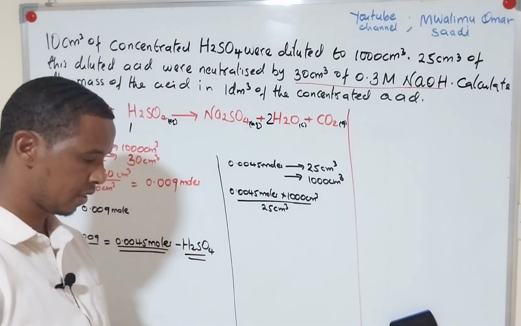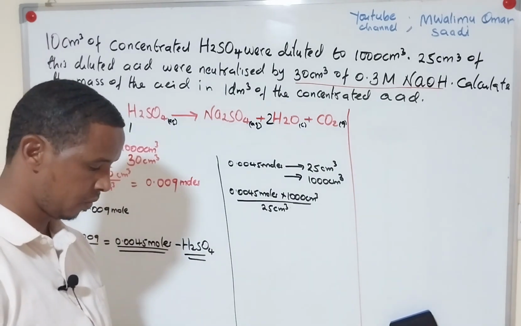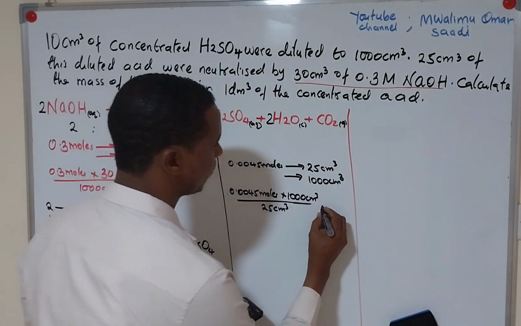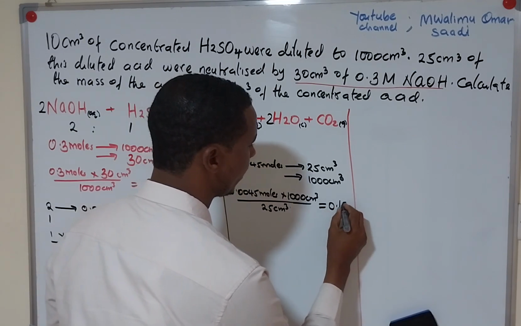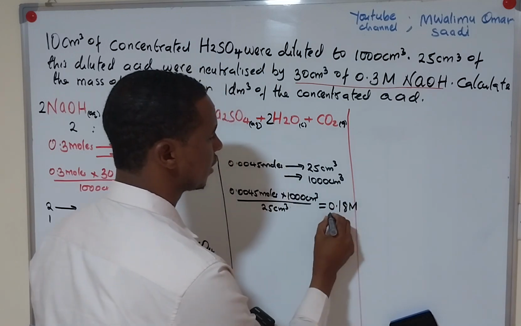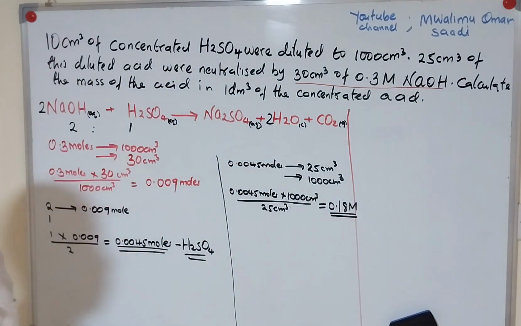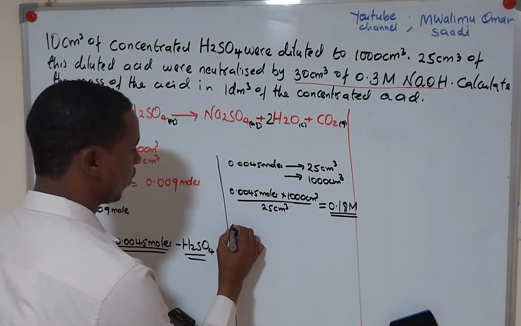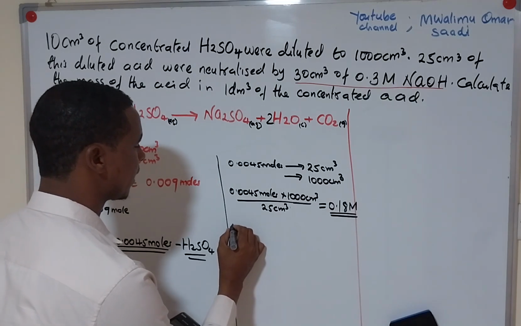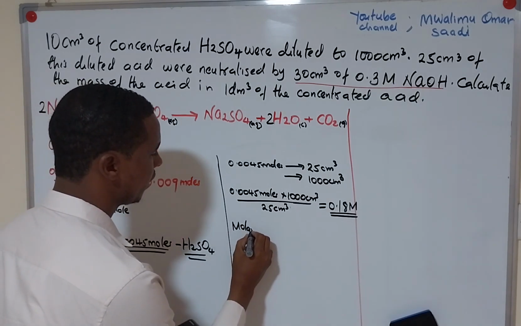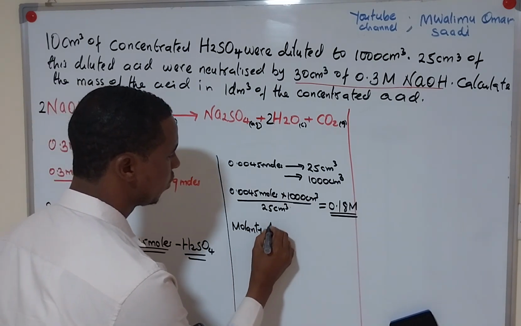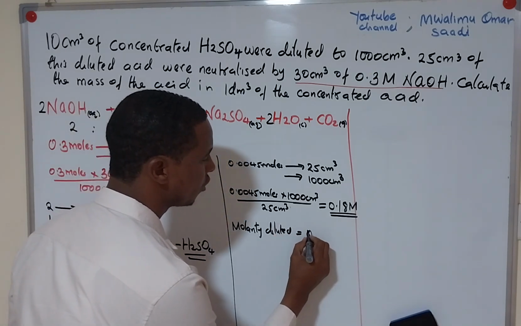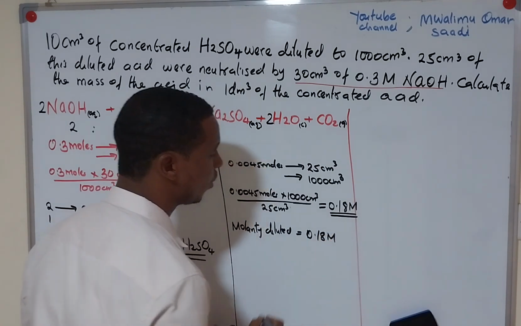So let's get that. 0.0045, then divide by 25. That is 0.18. 0.18 molar. Since it's molarity, I will give capital M. That is 0.18 molar. So molarity of the diluted acid is equal to 0.18 molar.